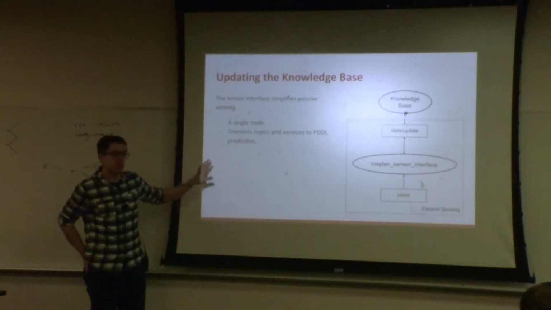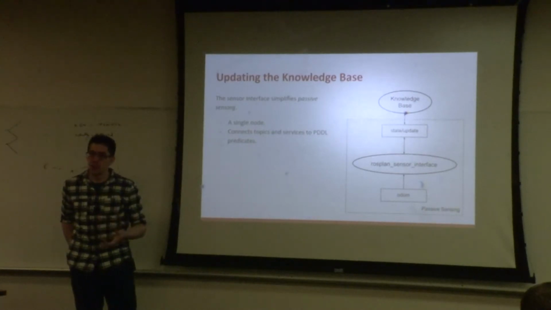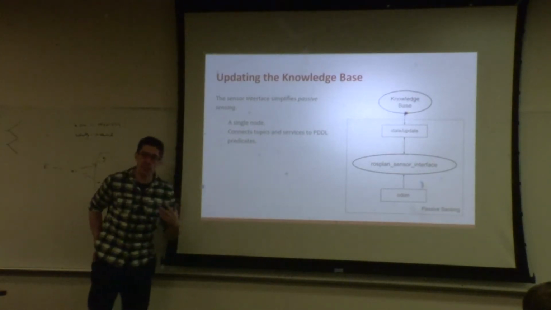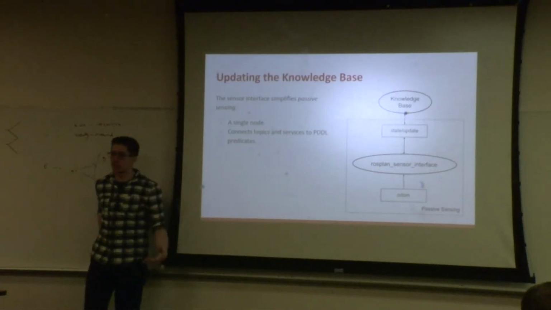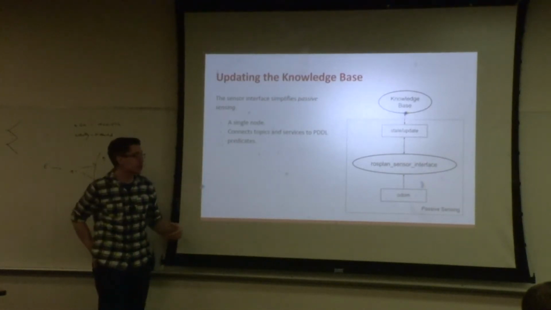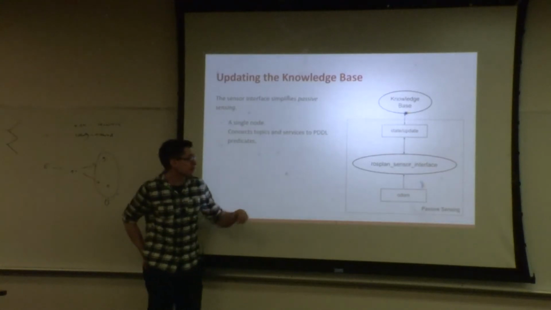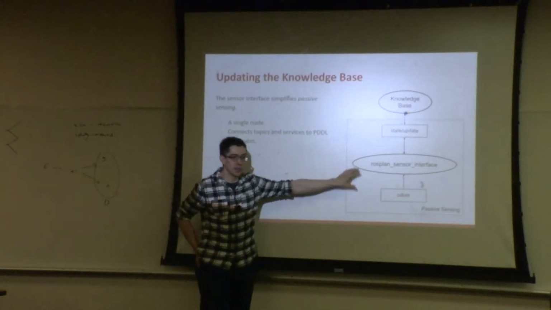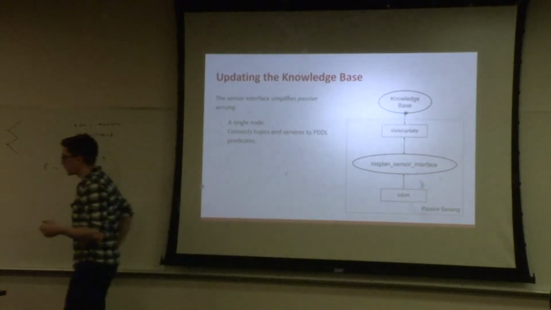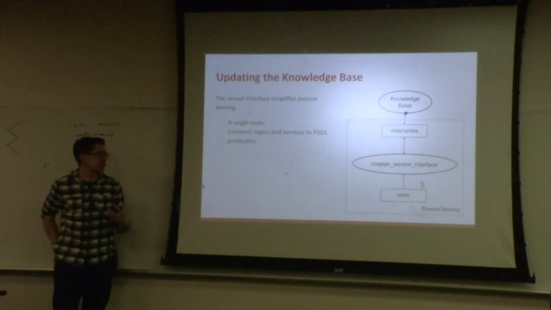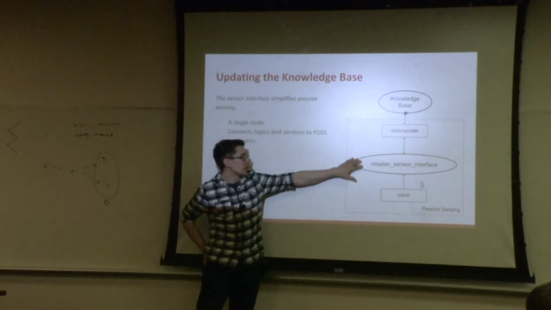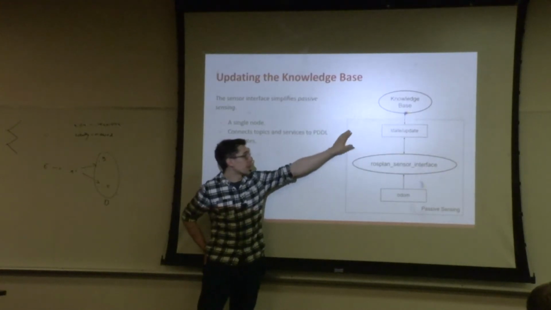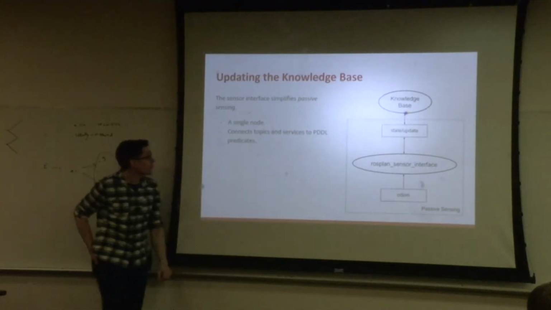In much the same way as there is an action interface that can be extended just to make connecting a PDDL or planning action to low-level control a bit less arduous, we also have a sensor interface node, which is aimed at just making this process of subscribing to a topic or a service and updating the knowledge base a little bit easier.